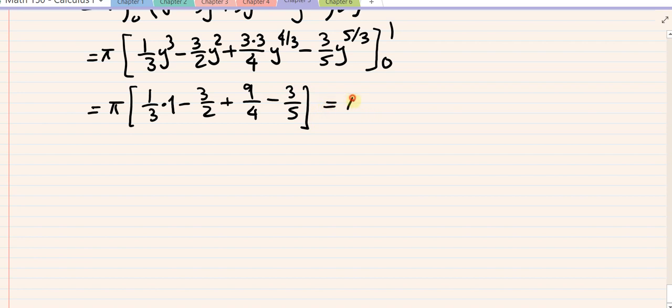So the LCD now, 2, 3, 4, and 5. Let's see, that's 6 by 5, 30, but then I have 4, so that's going to be 60, right? The lowest common multiple is going to be 60. Now, first fraction, multiply top and bottom by 20.